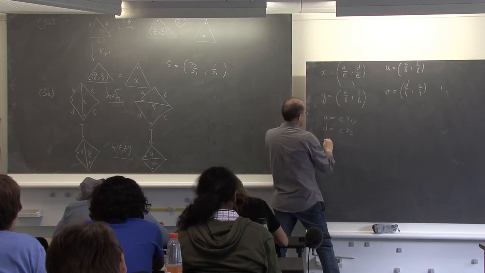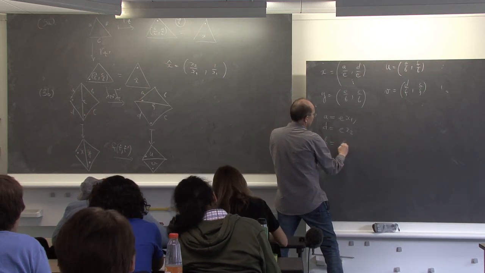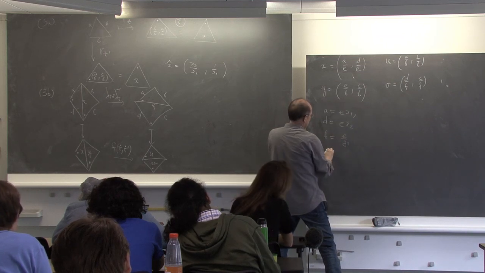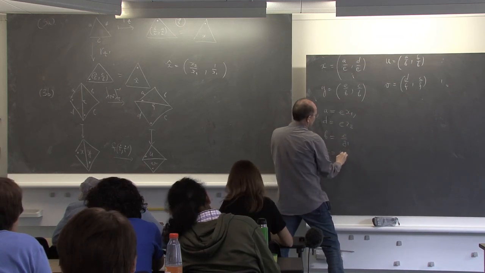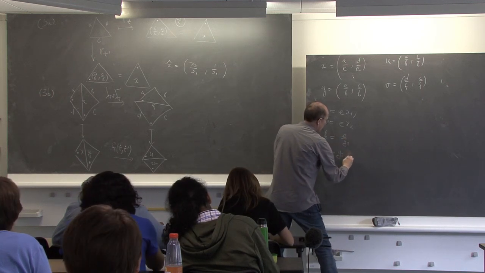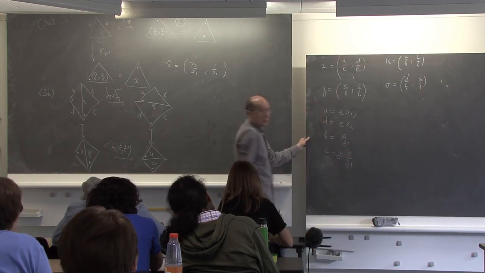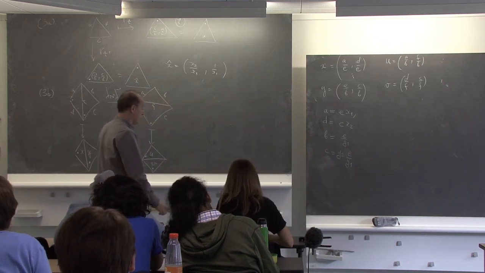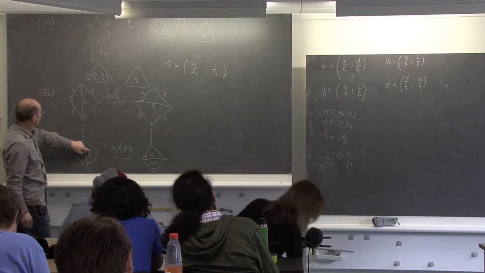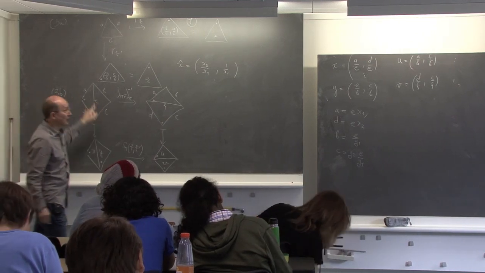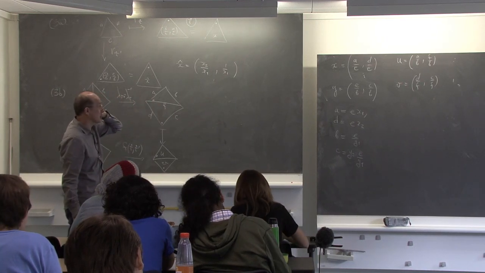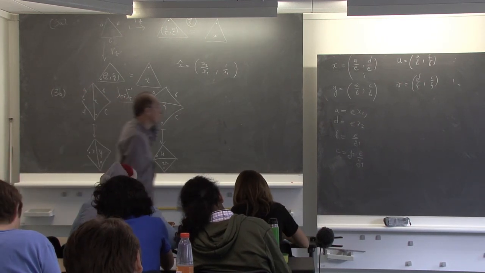From here, b becomes e divided by y1. And from here, c becomes y2 times b, but b is e over y1. So we have expressed 4 site variables in terms of x and y, and 1 variable on the diagonal.